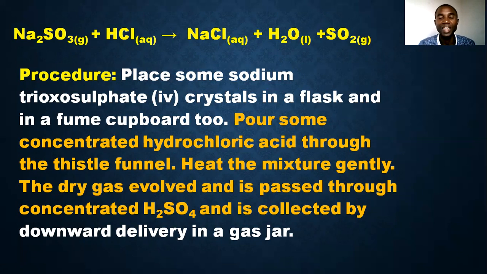Then the dry gas that will be evolved is passed through concentrated tetraoxosulfate 6 acid for drying, and after that it is collected by downward delivery. Tetraoxosulfate 6 acid is used as a drying agent for the gas evolved, which is sulfur 4 oxide. It is collected through downward delivery in a gas jar.